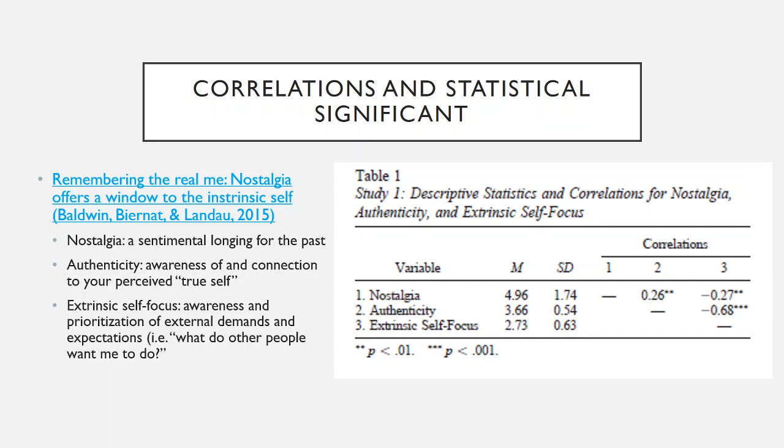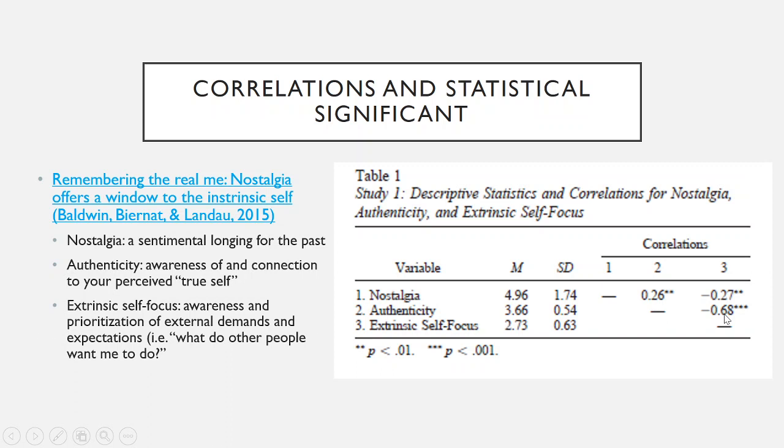One point I like to make here is that you might be thinking to yourself that this correlation here, that negative 0.68, is the most important correlation depicted here because it's the strongest. This is a point where it's important to keep in mind that the most impressive or valuable correlations from this study were about linking nostalgia to other variables.